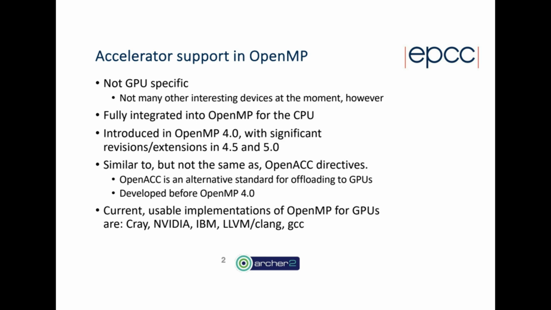That makes using a portable API like OpenMP more attractive for applications than it has been in the past. The only other implementation that I know of is a bit of a niche one: Texas Instruments have an offload implementation for their DSP chips, signal processing chips.